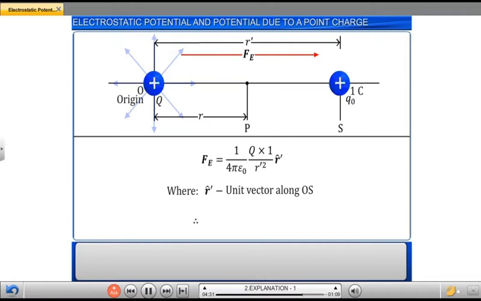Therefore, Fe will be equal to 1 by 4 pi epsilon naught into Q by r' square into r' cap. Let this be equation 1.